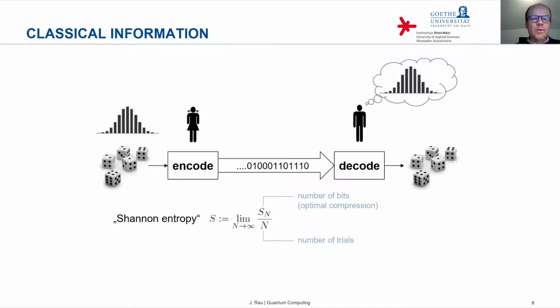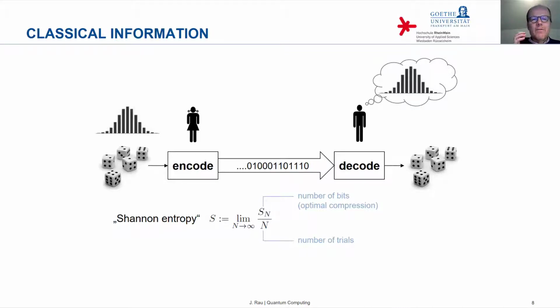And the ratio: the number of bits needed at optimal encoding to encode the result of n trials, divided by the number of trials.